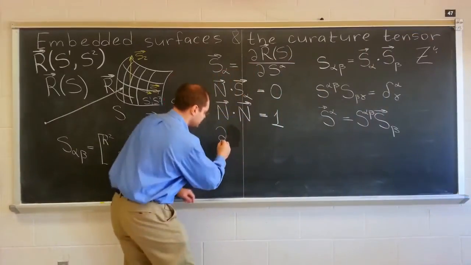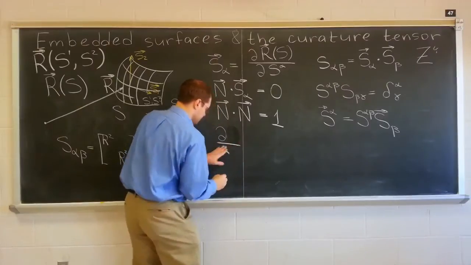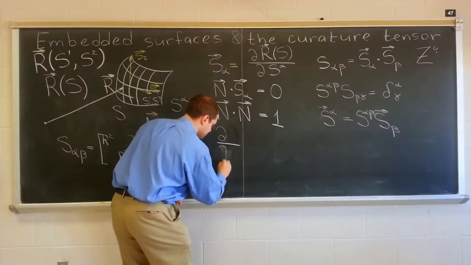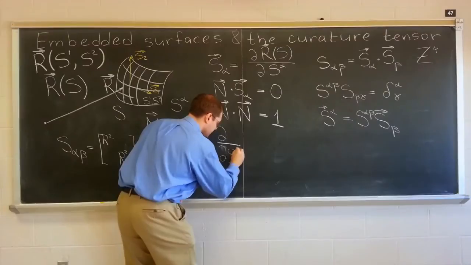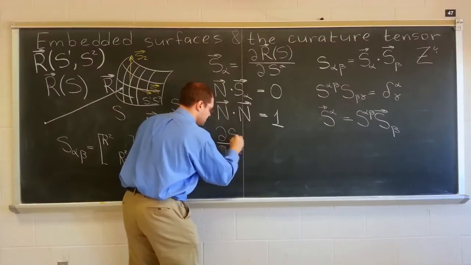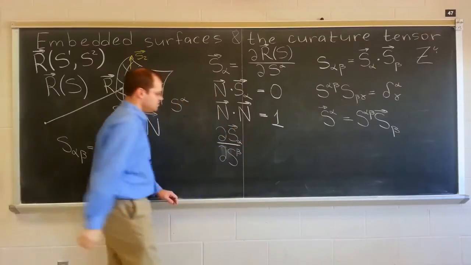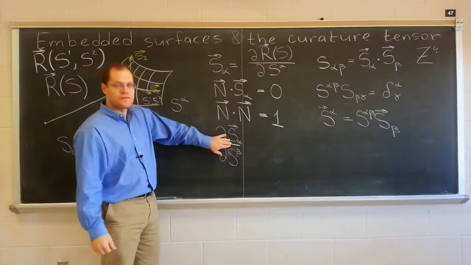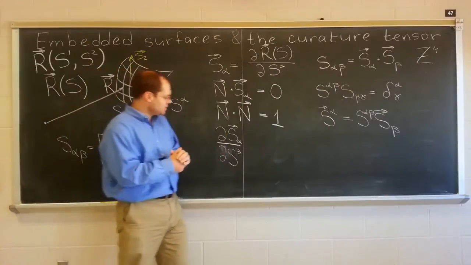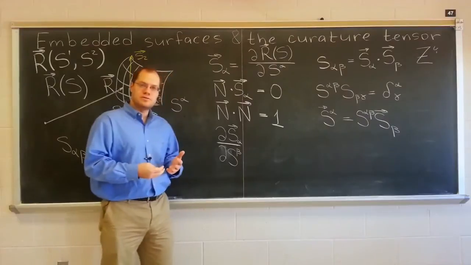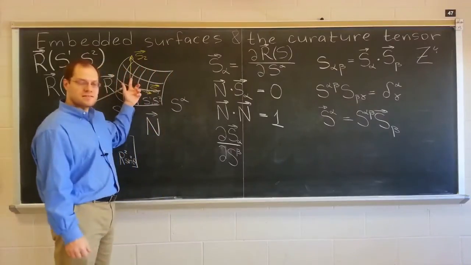So we'll have dS_alpha / d S_beta, and so on. So these are 4 vectors. Each one of these 4 vectors can be decomposed with respect to the basis itself.